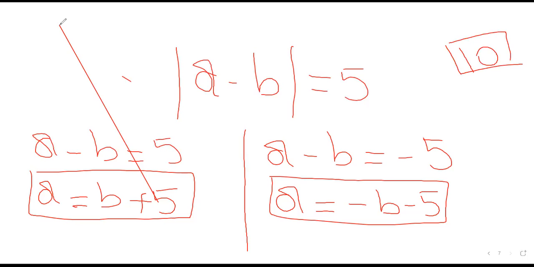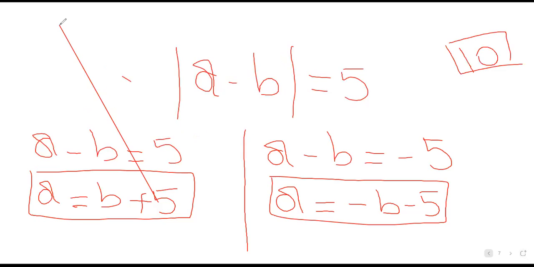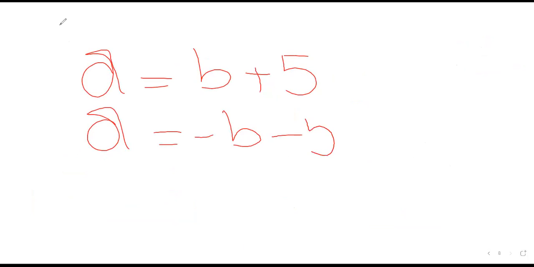The question is, you can ask how. Let me explain how. A is equal to B plus 5, and once again, the second solution is minus B minus 5.